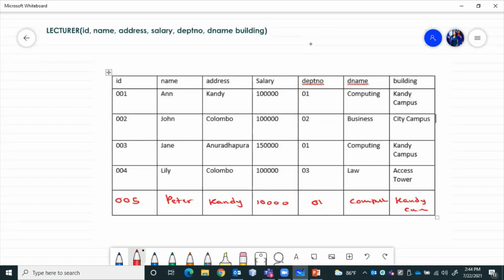As a database administrator, what we are supposed to do is avoid data redundancy. What is the purpose of having a database with data redundancy? If we are maintaining a lot of duplicate data inside the database, that is not a proper database. So we have the insertion anomaly now.